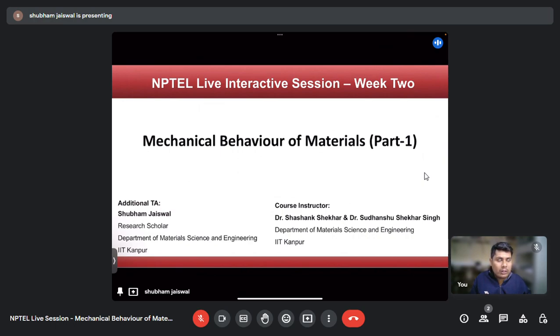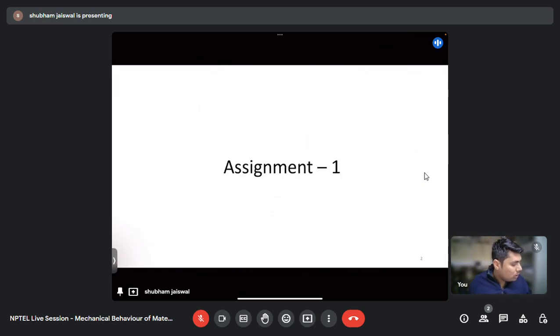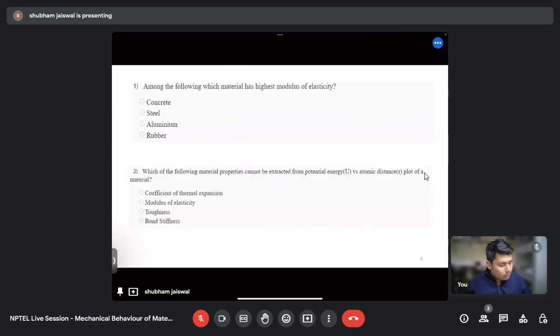Then we will quickly recapitulate what we have learned in week 2, and we will solve some concept related questions. Coming to assignment 1, the first question is: among the following, which material has the highest modulus of elasticity? Can anyone answer?